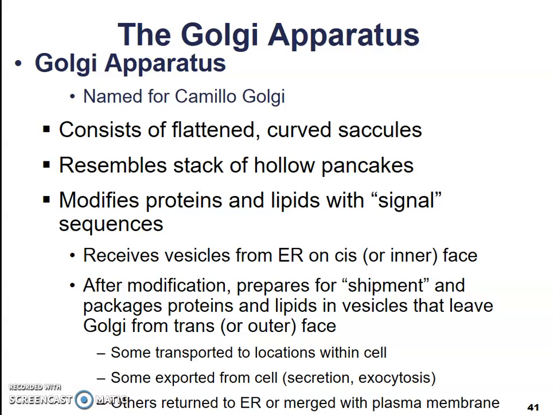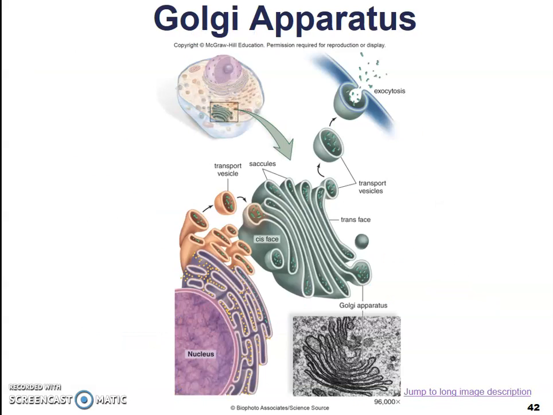It modifies them and prepares them for shipment and packages those proteins and lipids into vesicles that then leave the Golgi apparatus from the trans or the outer side. Some are transported to locations within the cell, and some of them are exported from the cell. Others return to the ER or are merged with the plasma membrane.